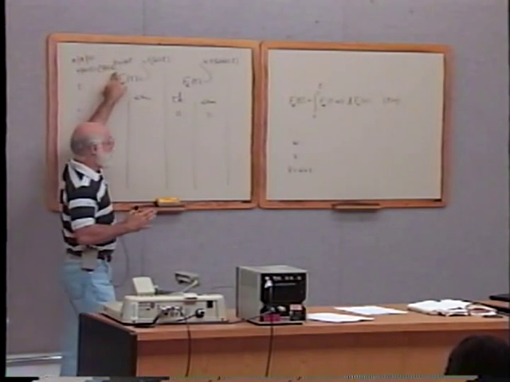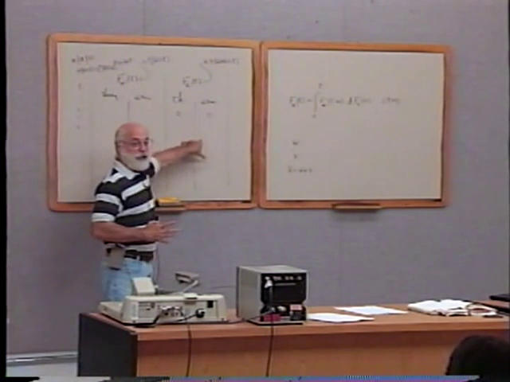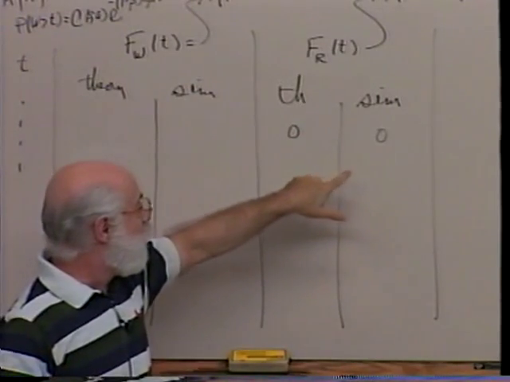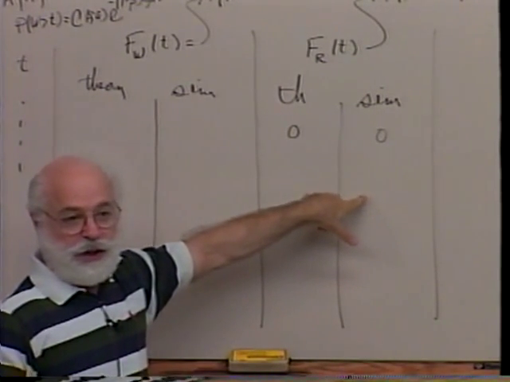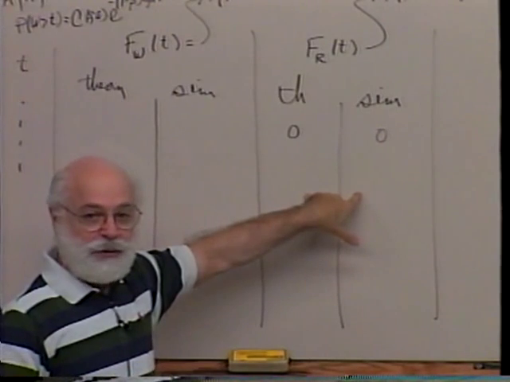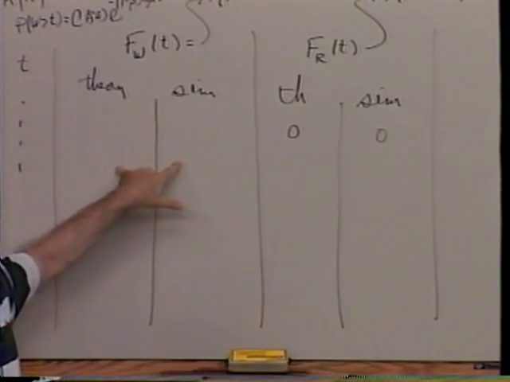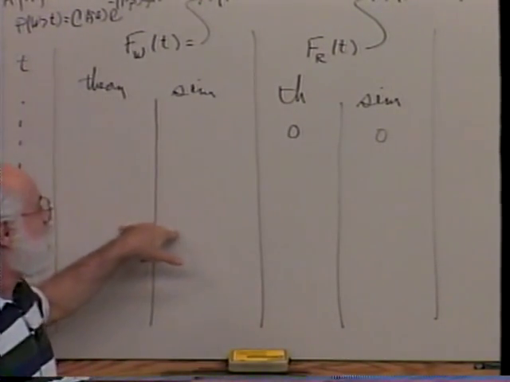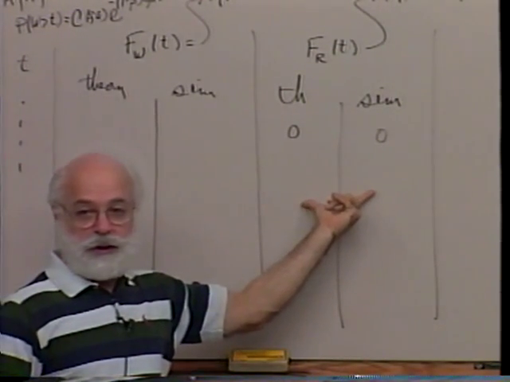So the only problem that you're having, if you have one, is over here, right? Okay, so the agreement between theory and simulation here should be of the same level of accuracy as the agreement here. So if these two columns are a lot different and these are very much the same, then at least one of these is wrong.